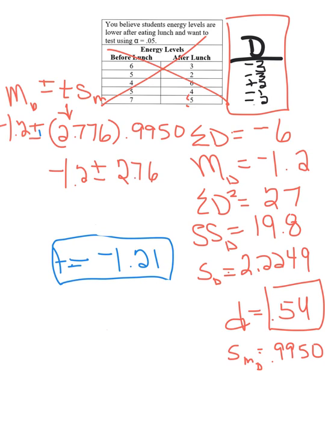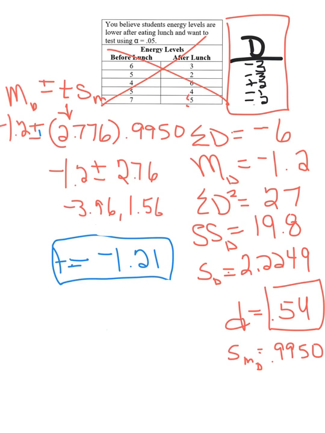So I put in negative 1.2, and I'm going to do the bottom boundary first, minus 2.76 equals, and that is negative 3.96, comma. Now I'm going to do the upper boundary, negative 1.2 plus 2.76, and that is positive 1.56.